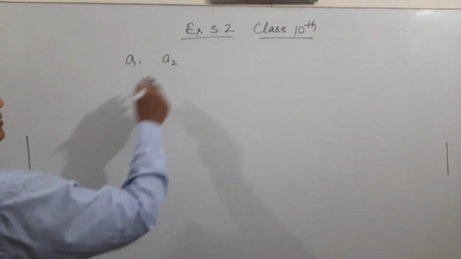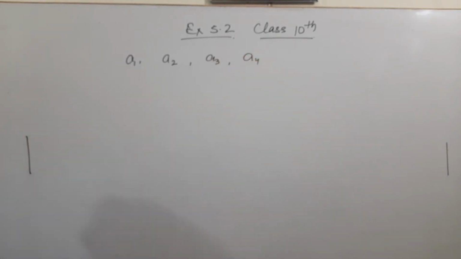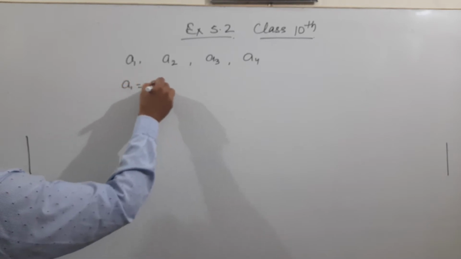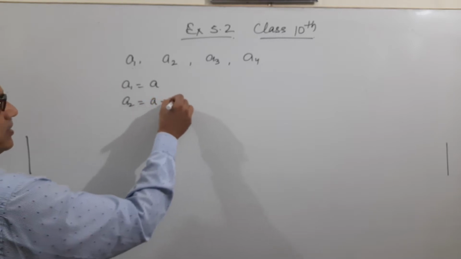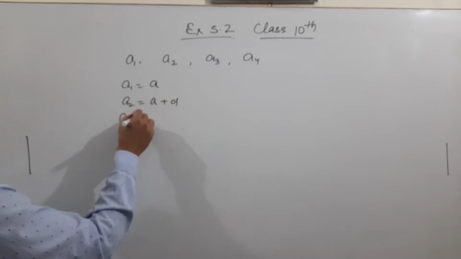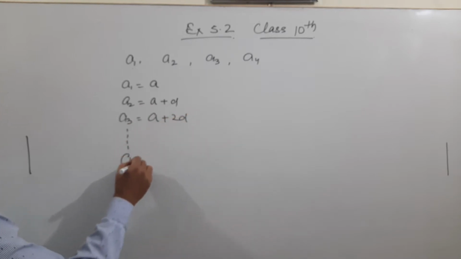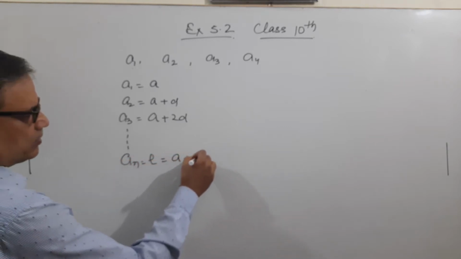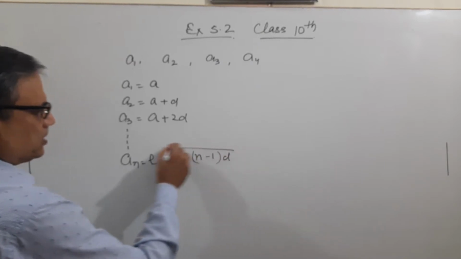A1, A2, A3 and A4, where A1 is the first term, A2 is represented as A plus D, and A3 is represented as A plus 2D. Similarly, An is the last term, N is the last term, which is represented by L, and it is equal to A plus N minus 1 into D. This will be the last term.